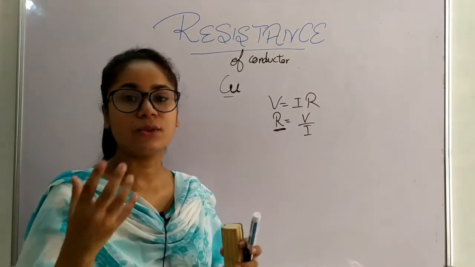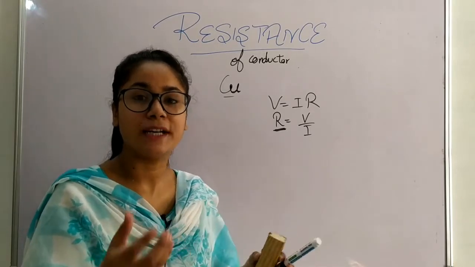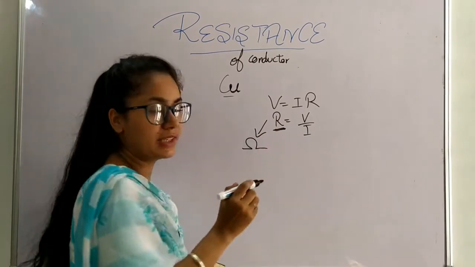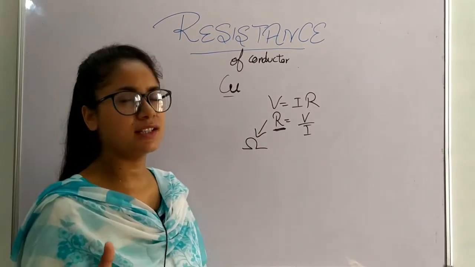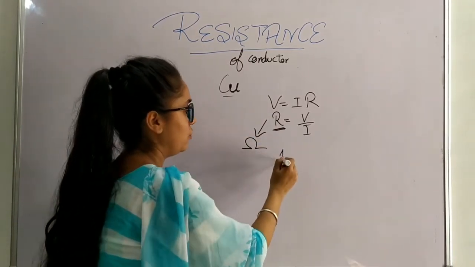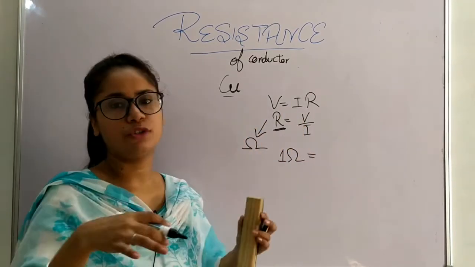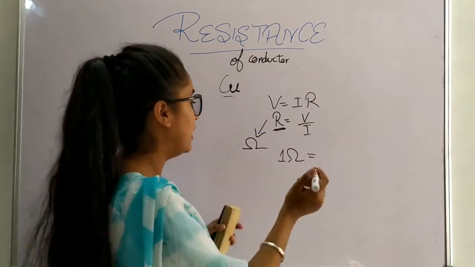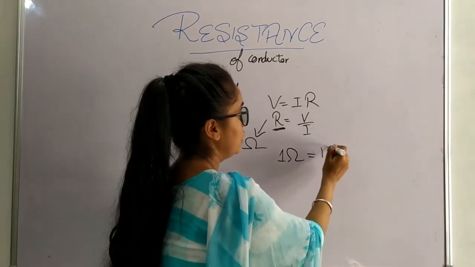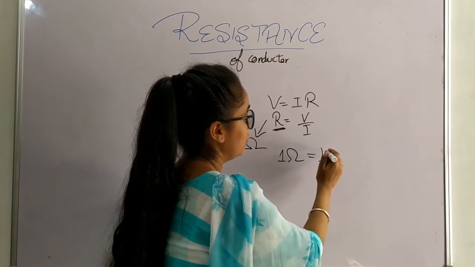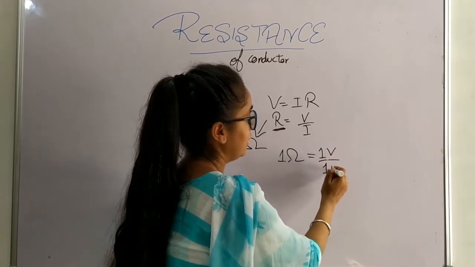Now what is the unit of resistance, or how do we measure resistance? Well, the unit of resistance is ohm. And some people usually ask what is the value of 1 ohm, or how you would define ohm in terms of volts or amperes. Well, 1 ohm is equal to 1 volt over 1 ampere.